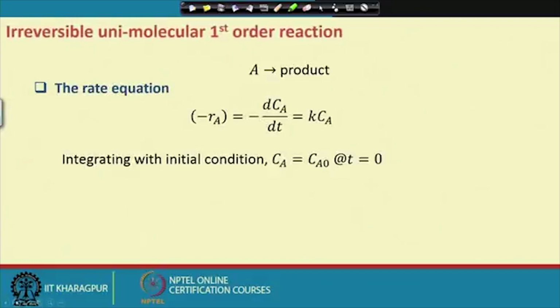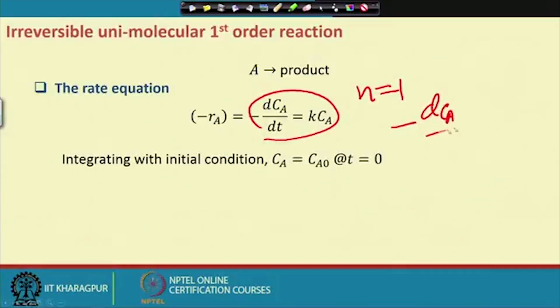Now, the simplest reaction is the first order reaction, when n value is 1. First order reaction means n value is 1. Then we can write this equation like this. Now, this equation I can write as minus dCA by Ca equal to k into t. Am I right?